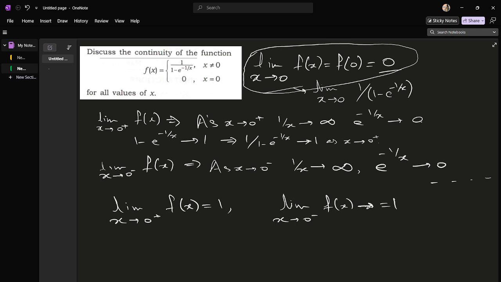So this is a kind of jump discontinuity at that point. So the function is not continuous at x equals 0. At x equals 0, the function is discontinuous. But at all other points of the domain, the function is continuous.